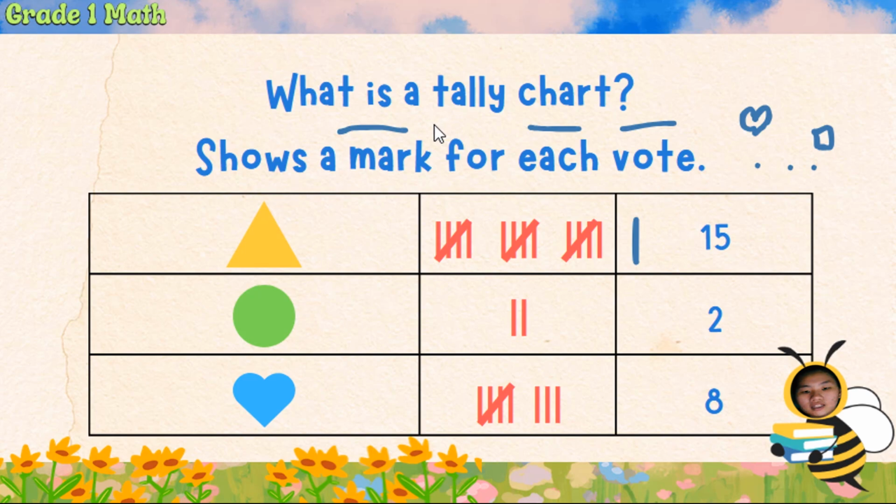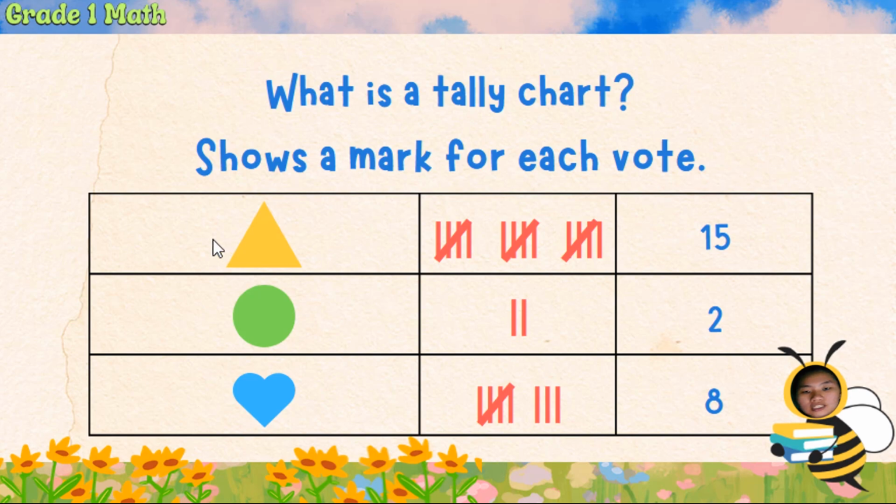So, tally means the style, the format of the data that is presented. It does not necessarily mean that you have to just use these. Okay? Let me just erase these very quickly so we can move on.